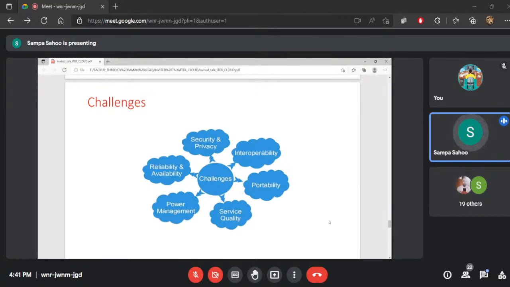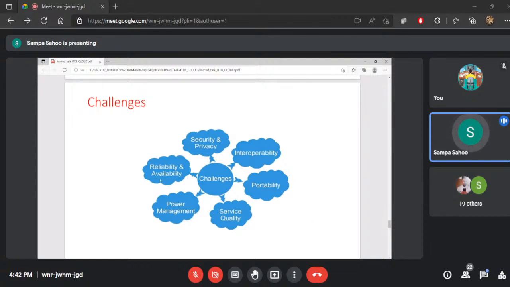Or if you are more interested in the hardware or networking side, then you can go for the networking infrastructure of the cloud, and there you can design the overall network which can be used to deliver the cloud service as early as possible, or to reduce the service delivery time.